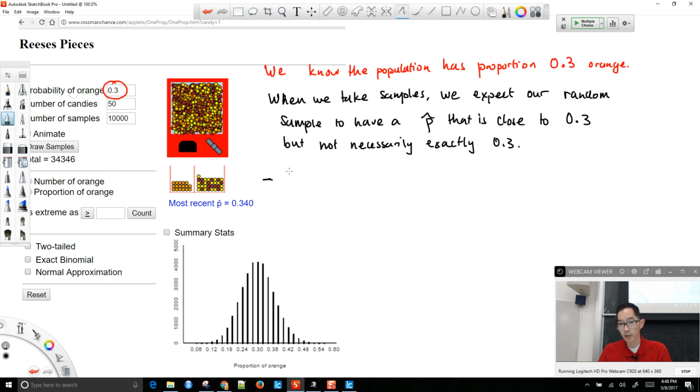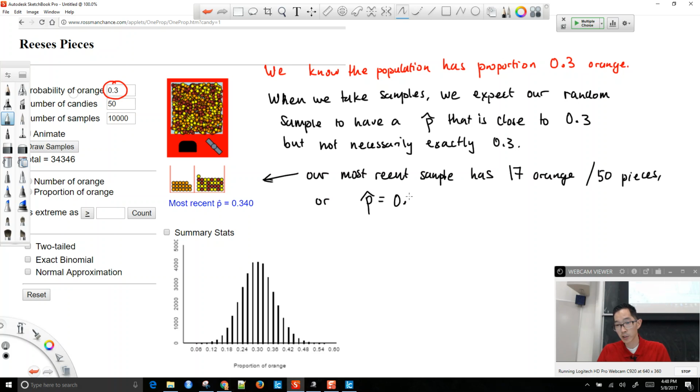So our most recent sample has 17 orange out of 50 pieces, or p hat equal to 0.34.